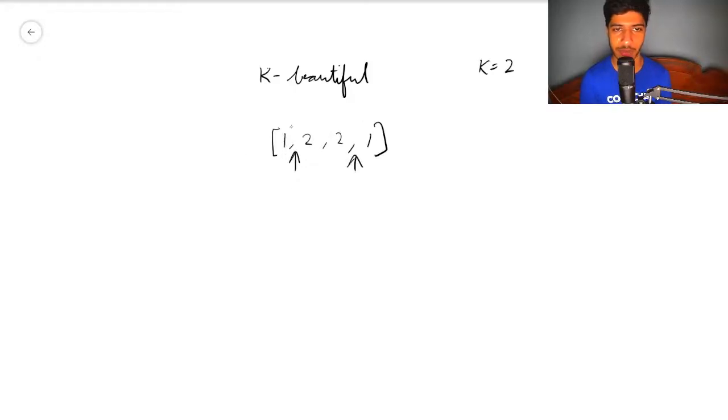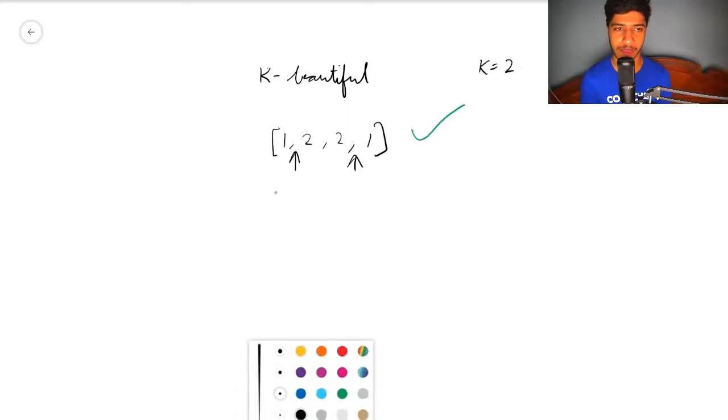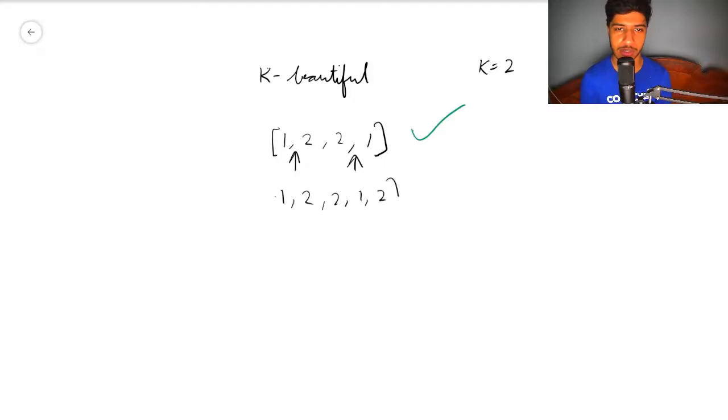So how many times does that happen? 2 times, right? So this array is 2 beautiful. But if that happened more, so let's say 2 2 1 2, something like this. In this case, this is one time, this is one time, this is one time. 3 times it happens, right? So this is not 2 beautiful, right?